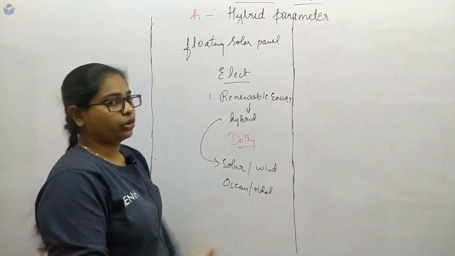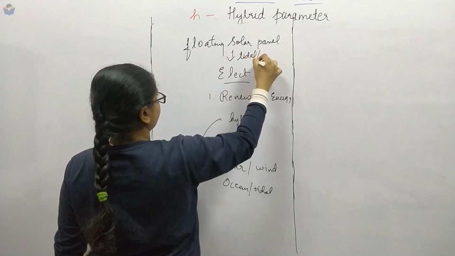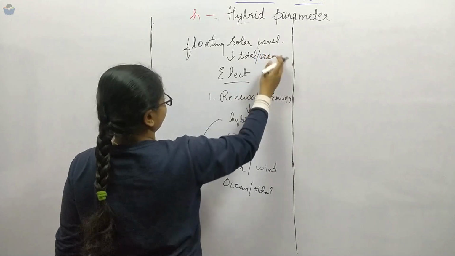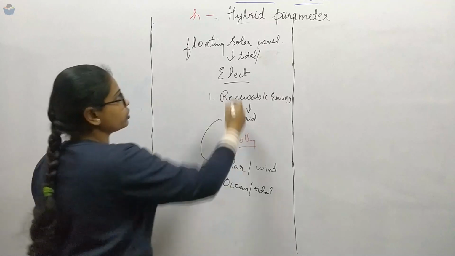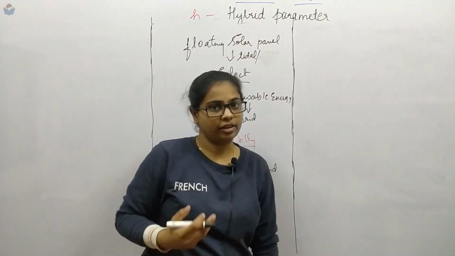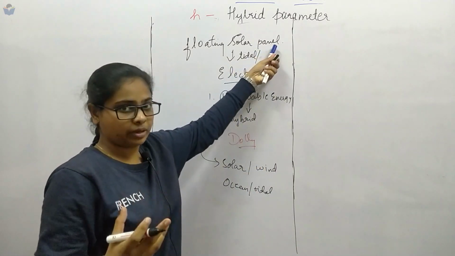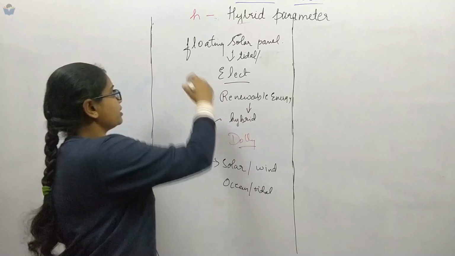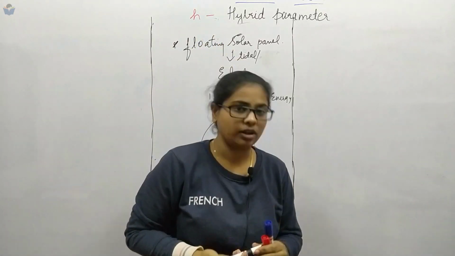With this one we can mix tidal or ocean wave energy. You can mix this with floating solar panel. The advantage of this one is that it will have a natural cooling effect. It also reduces the space on land. So that is the importance. Whenever you have time, you can go through that floating solar panel.